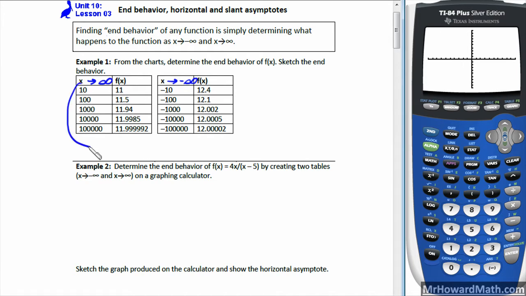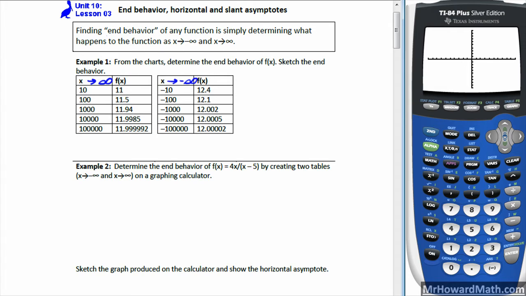So we notice again x is going to positive infinity, and our y values, the function values, are approaching 12 there. And then I look over here as x approaches negative infinity, so going to the left on the graph, my y values, the function values, are approaching 12 as well. They're approaching 12 from above here, and they're approaching 12 from below here.